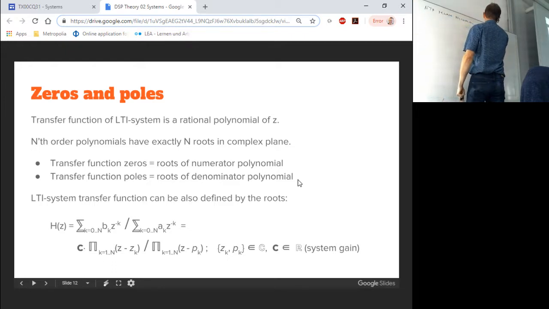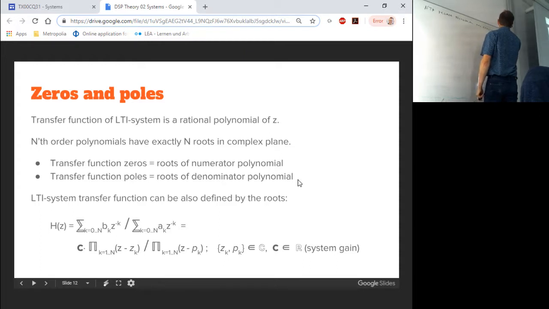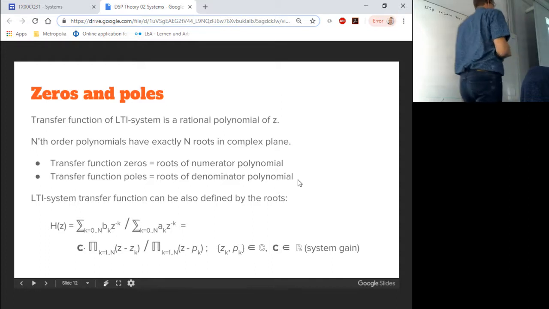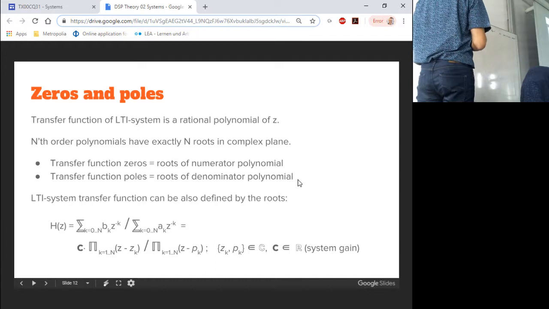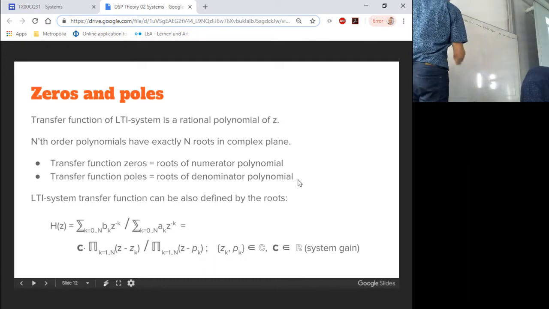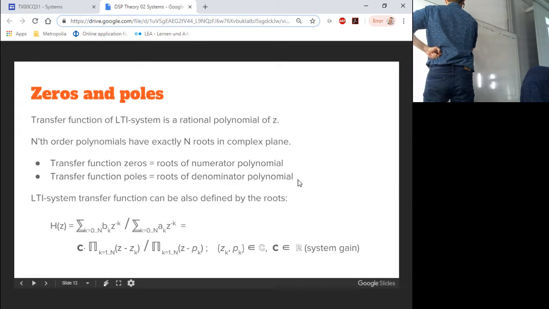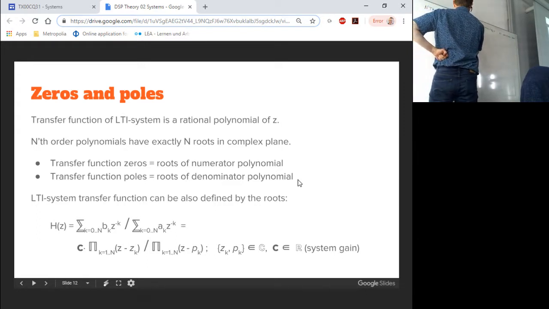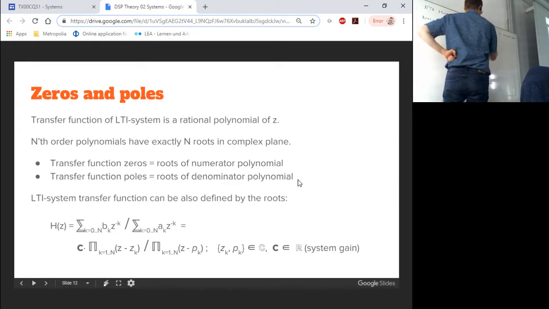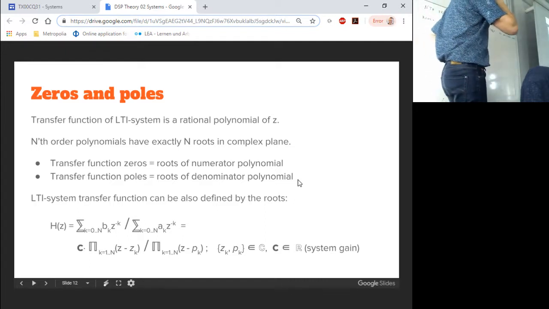Exactly n complex roots. And the numerator polynomial, the roots of the numerator, they are actually the zeros of the system.